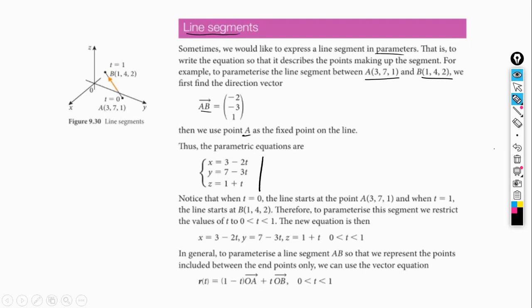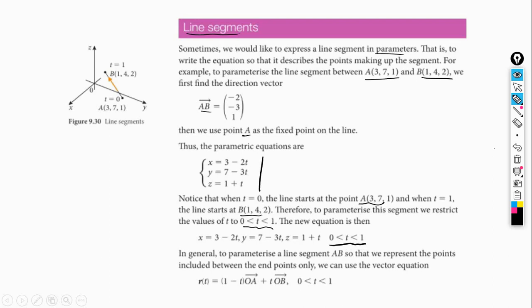Now, notice that when t equals 0, the line starts at point A, and when t equals 1, the line reaches point B. Therefore, in order to parameterize the segment, we restrict the values of t to between 0 and 1. So the new equation is the same, but we establish this limitation.